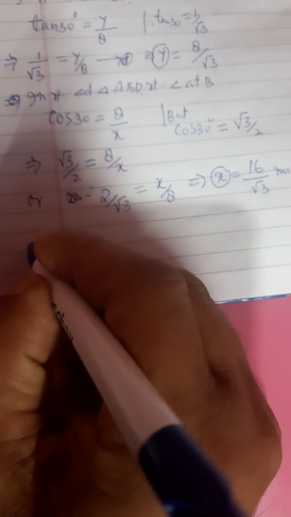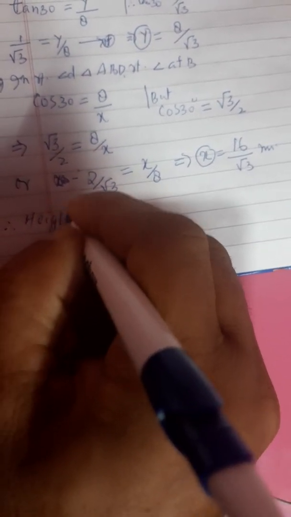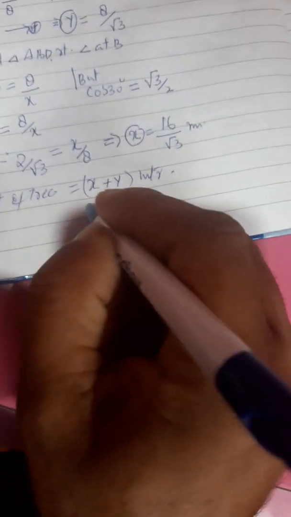So if we want to calculate now the height of the tree, we will write it as height of tree is equal to x plus y meters. For x we will use its value, that is 16 by under root 3, plus y, which has the value 8 by under root 3.